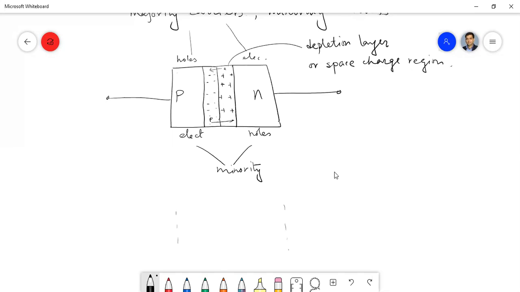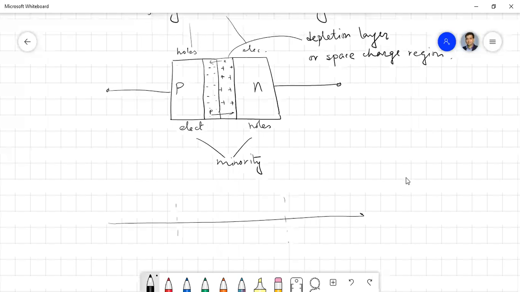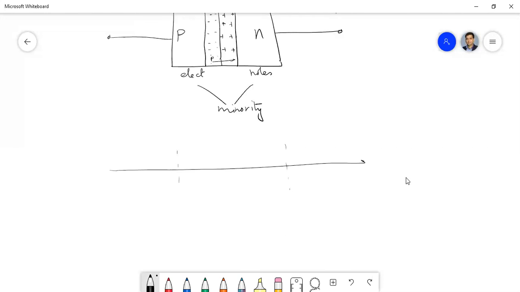is a change in the voltage or potential. So if you take this as a junction, then the potential changes will be like this.